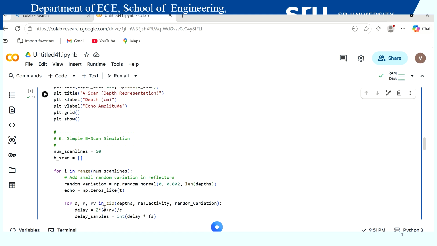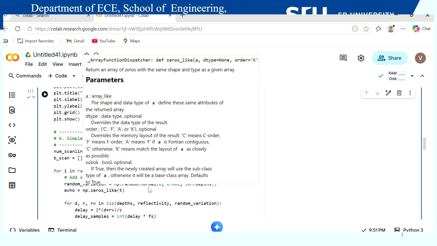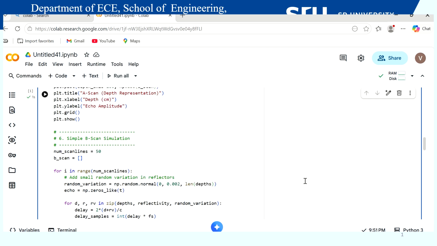Then add small random variations. random_variation is equal to np.random.normal(0, 0.002, len(depths)). Why is it stated here like this? To simulate small irregularities in tissue shape. Otherwise all scan lines would look identical. So we have to build a 2D image.